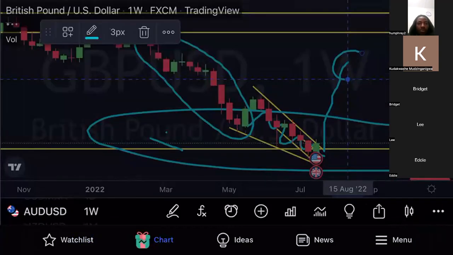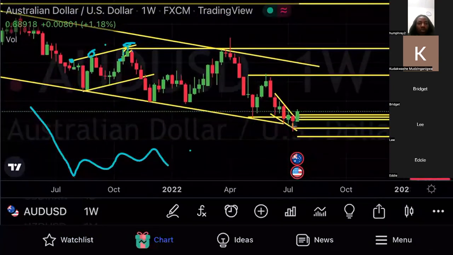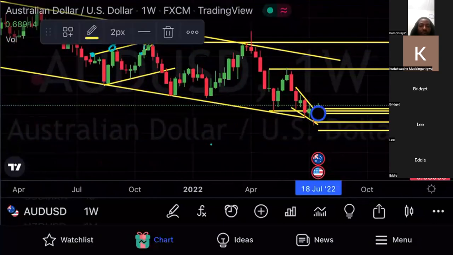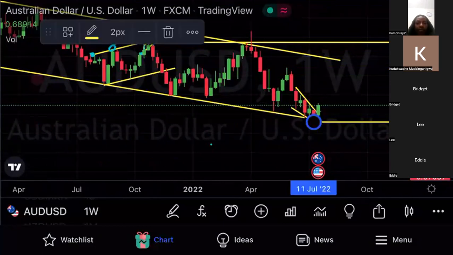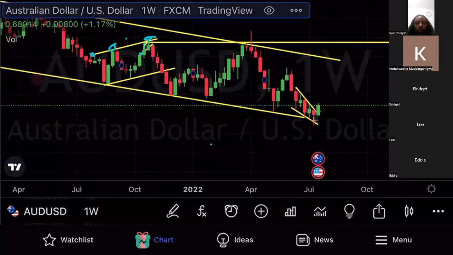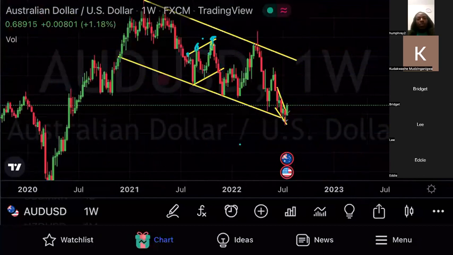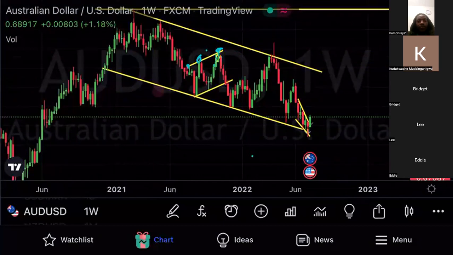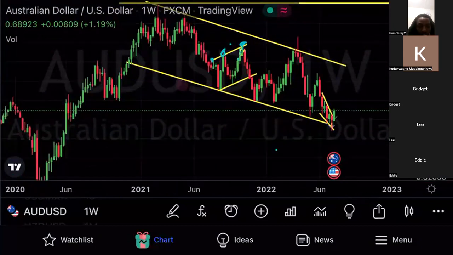Let me clear my chart a bit so that we see. This is Australian dollar, US dollar. Let me take my pen.